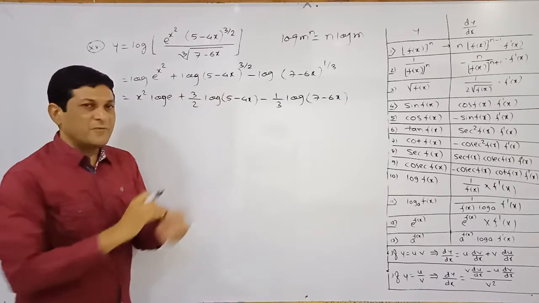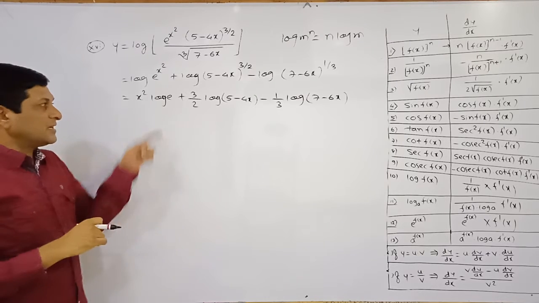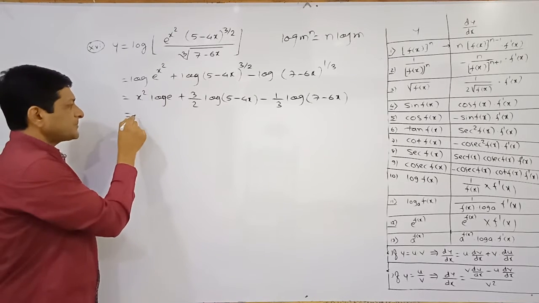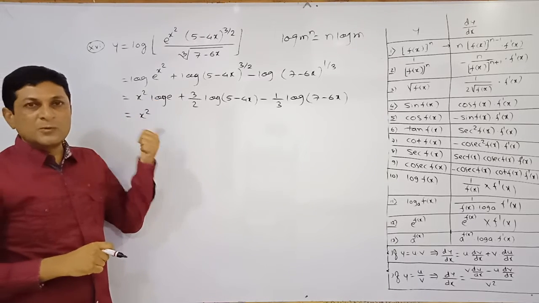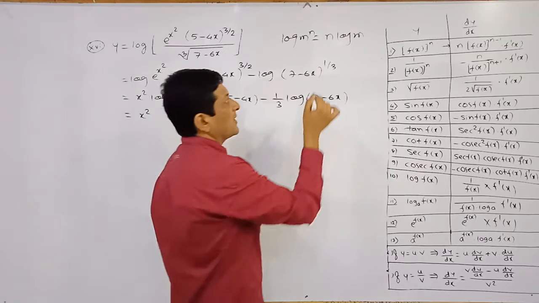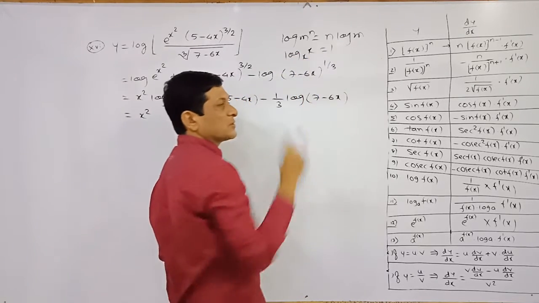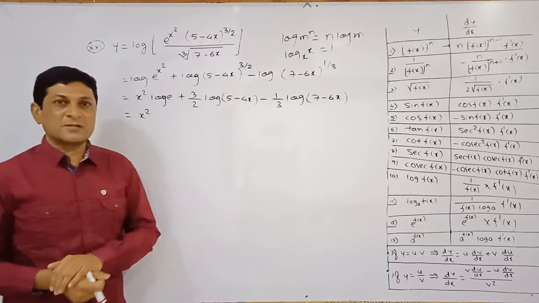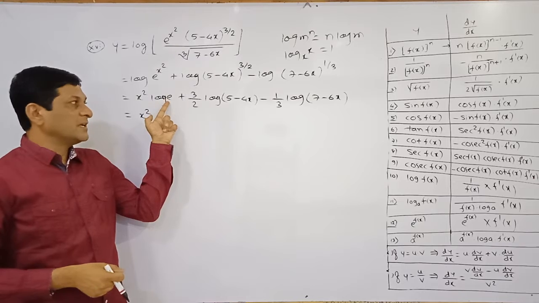Now we have simplified it by applying the laws of logarithm. Let us simplify this term also. X square, keep it as it is. We know that the value of log e is 1, since according to the laws of logarithm, log of any number to the same base is always 1. We are studying natural logarithm, where nothing is written in the base, which means e is always there.